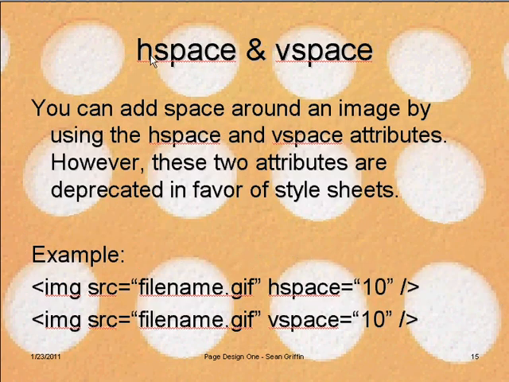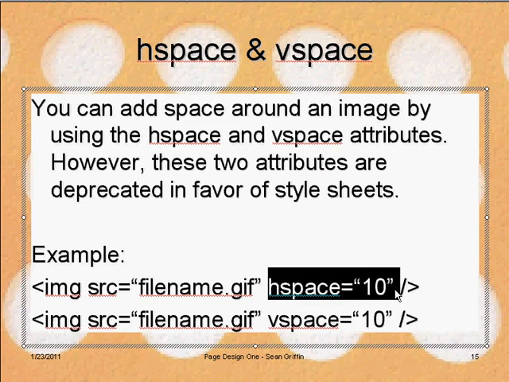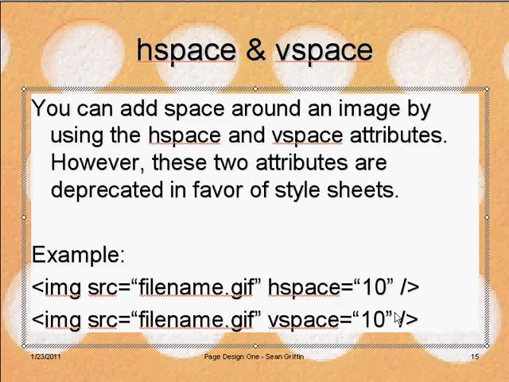And here you see something called hspace and vspace. And these are the attribute value pairs that will allow you to introduce, for example, 10 pixels of space horizontally, so on the left and right of the image. And you could introduce vertically on the top and bottom of an image some space.